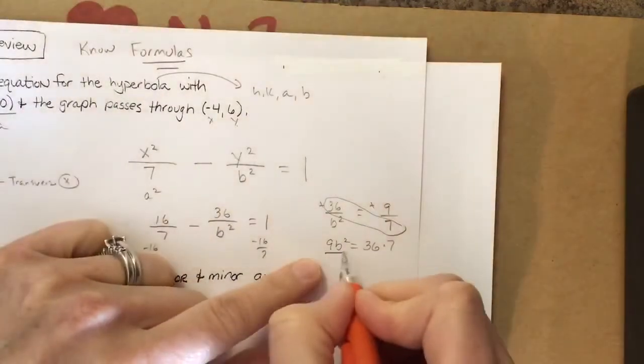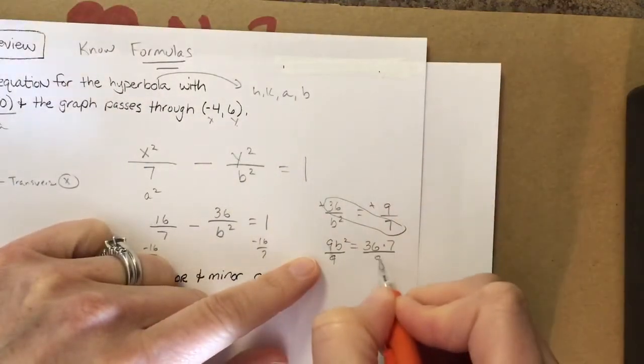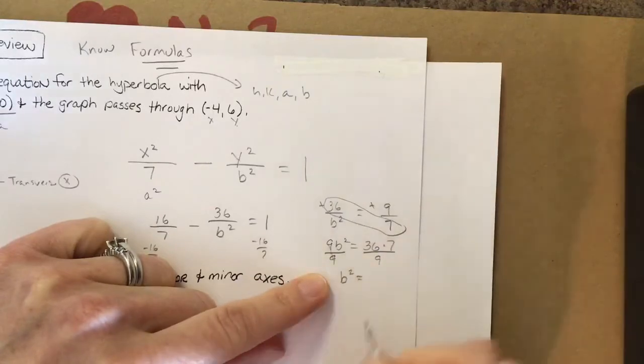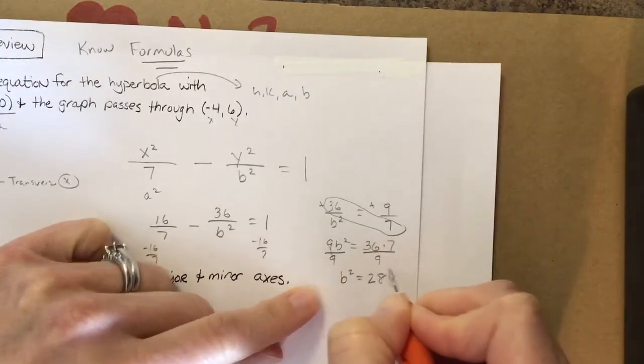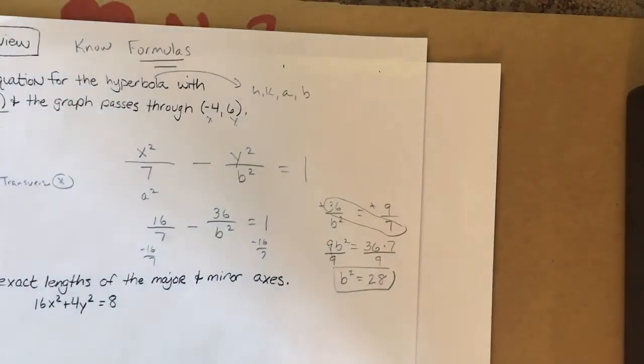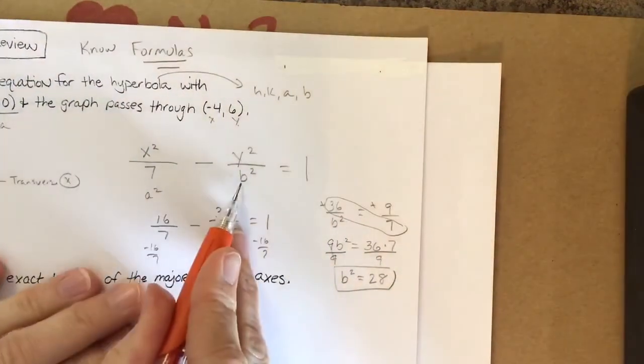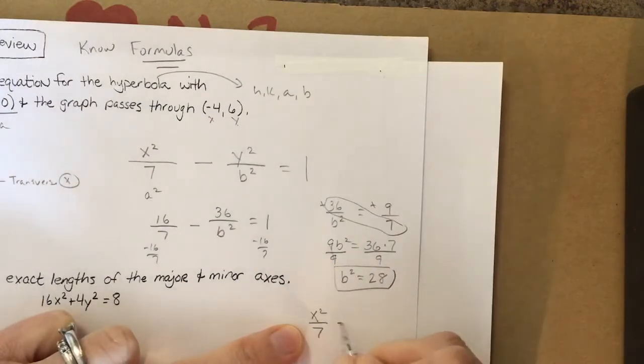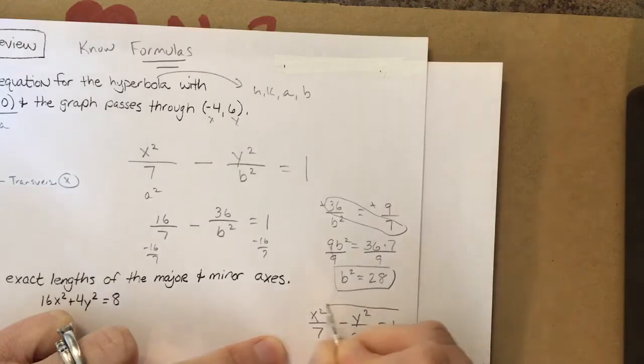Save me a calculator, divide by 9. 36 divided by 9 is 4, and 4 times 7 is 28. B squared is really all I need, right? I have a squared and b squared. What's the equation? X squared over 7 minus y squared over 28 equals 1.